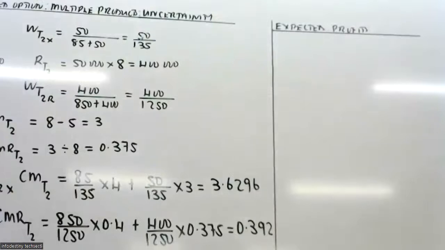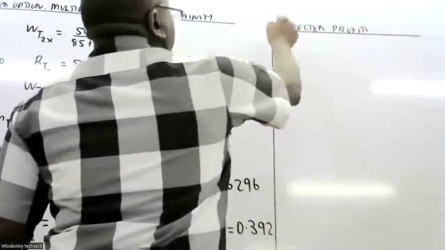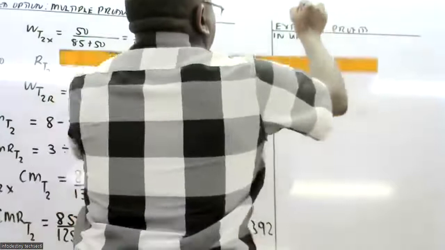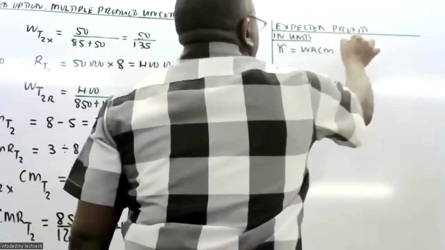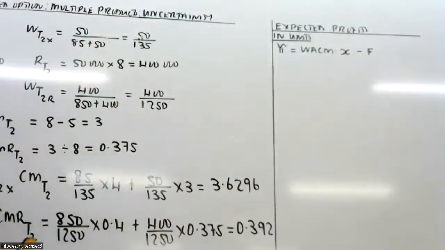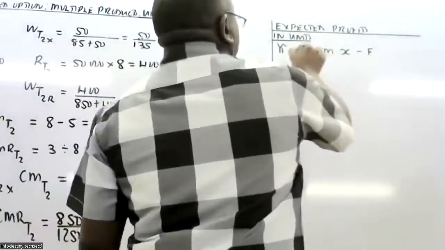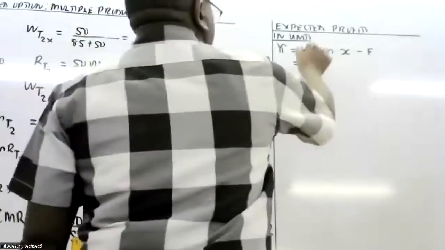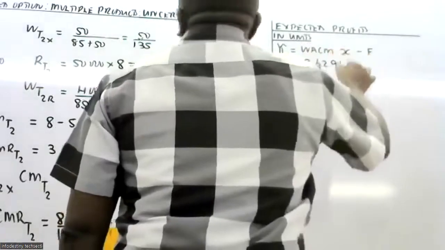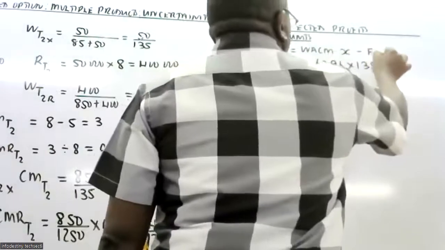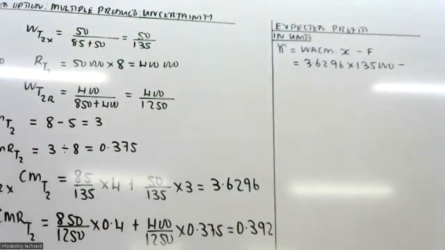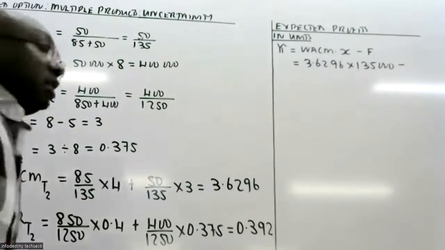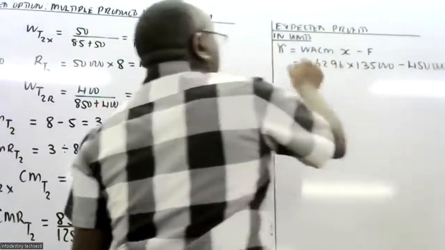When we are in units, profit is given as WACM times U minus F. So our WACM is 3.6296 and the units are 135,000, the combined units. The fixed cost is 450,000. Get that?